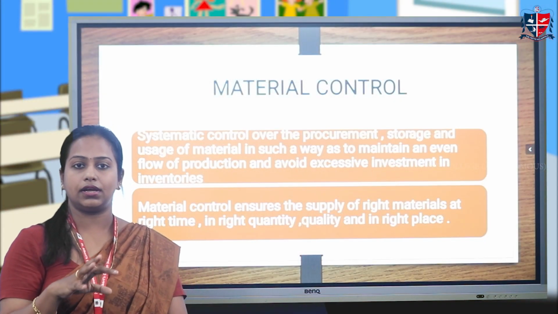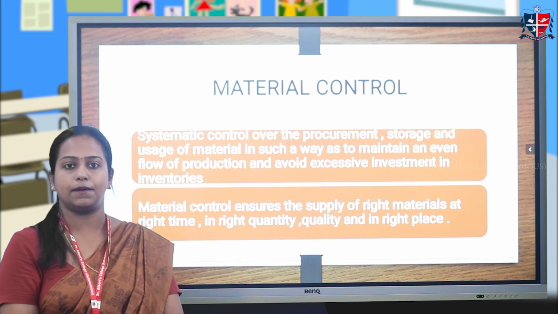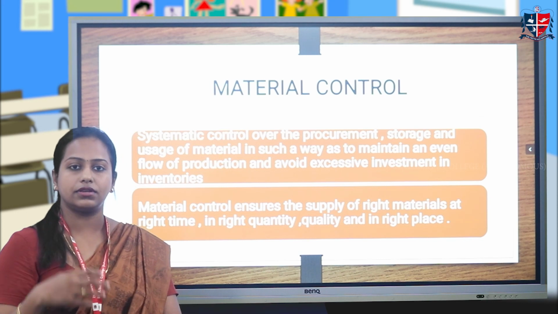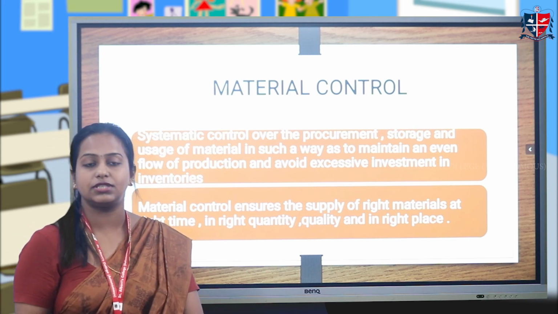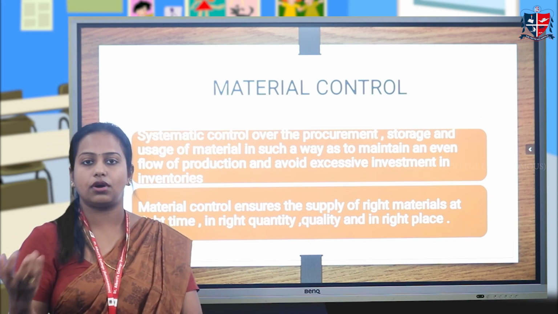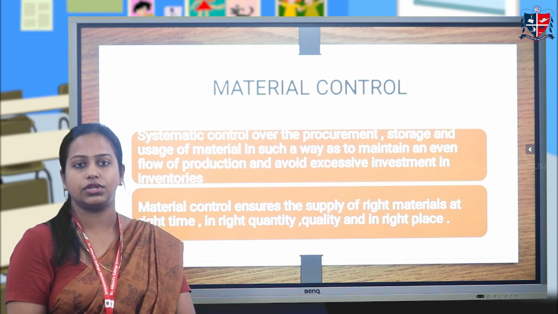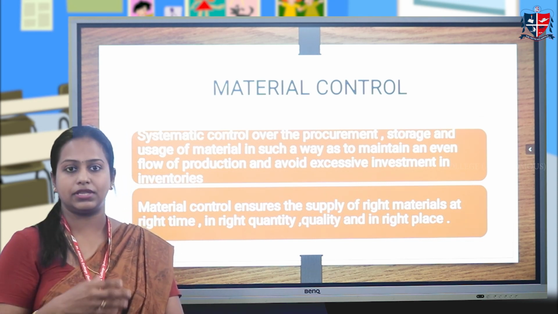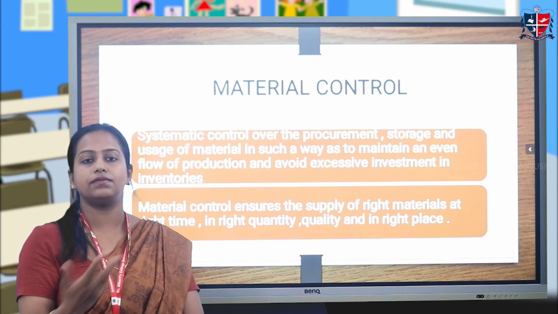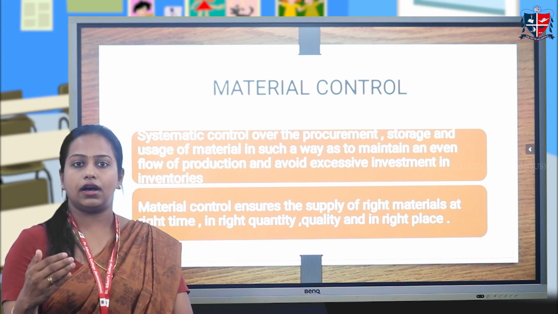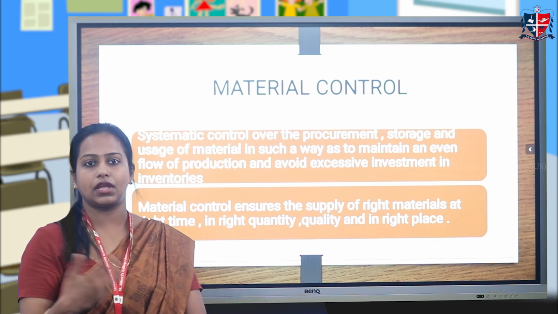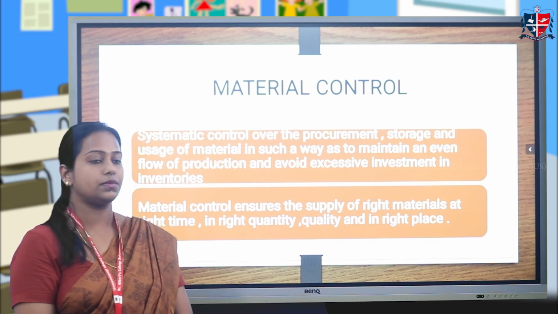The system can be ensured from the beginning, that is, when the material is being procured, stored, utilized, or converted to finished goods. If this material control system or inventory control system is there from the beginning, the materials can be effectively utilized. That is one of the advantages of material control.